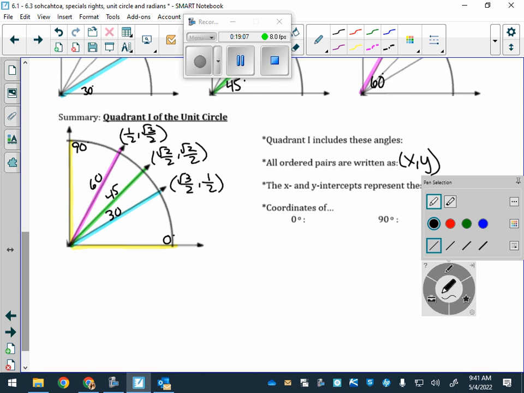Well, these are creating our intercepts, no? Right? This is an intercept. What would they be? These are all degrees.